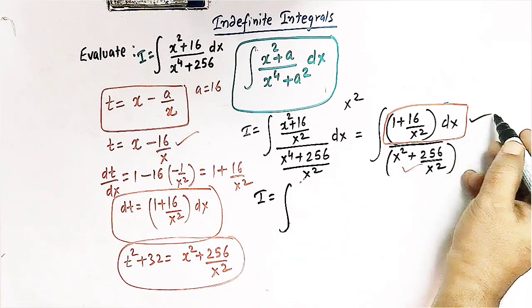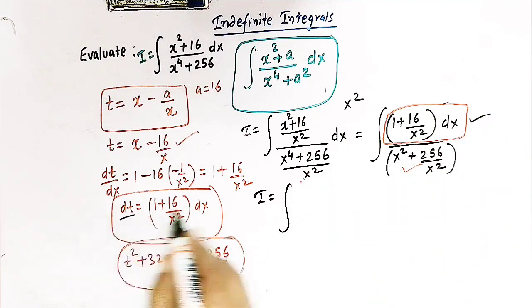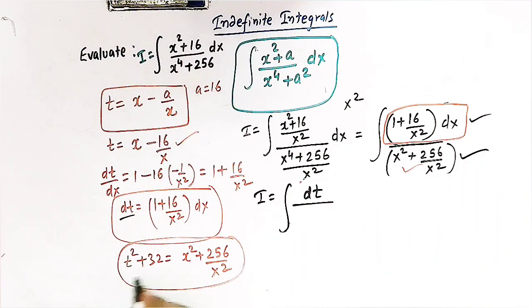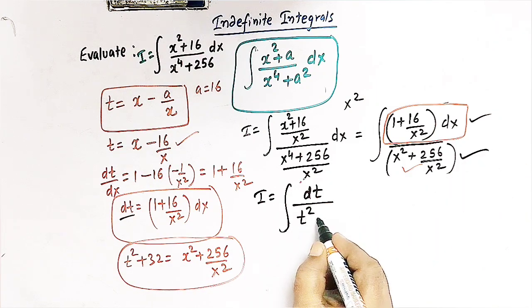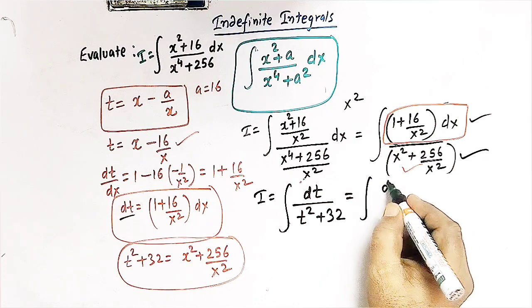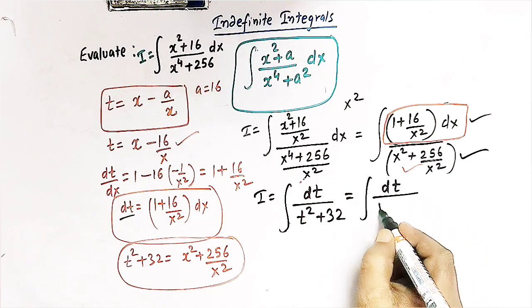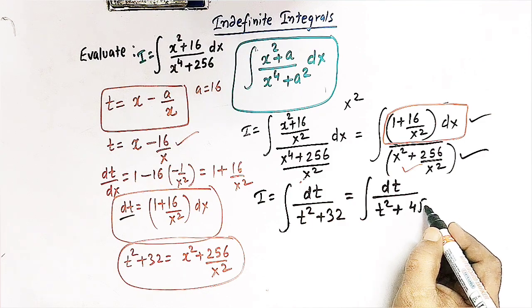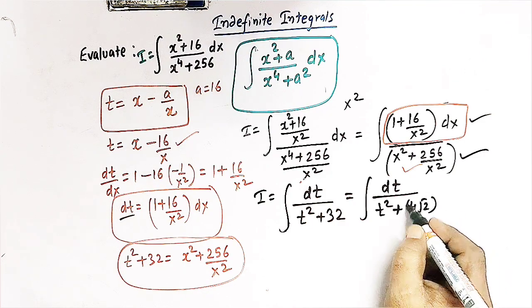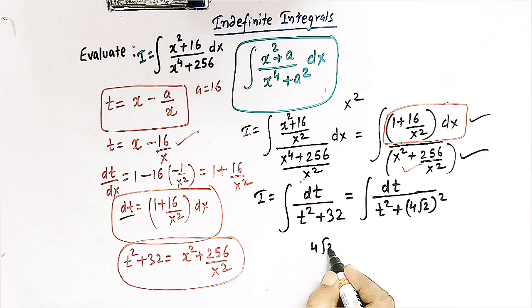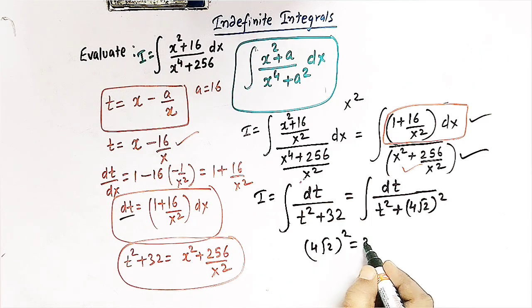So for this expression we have simply dt, and in the denominator we can write simply t square plus 32, and here we have t square, and 32 can be written as the square of 4 root 2, because the square of 4 root 2 is equal to 32.